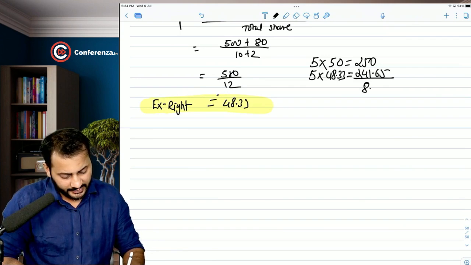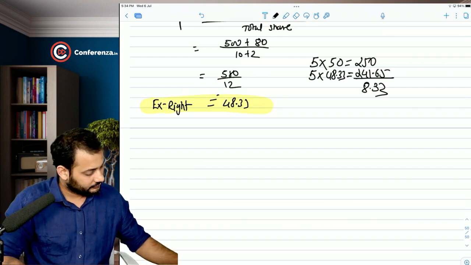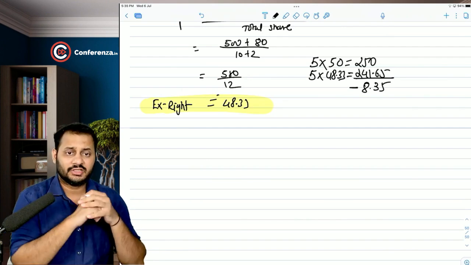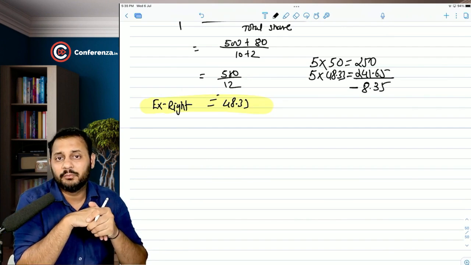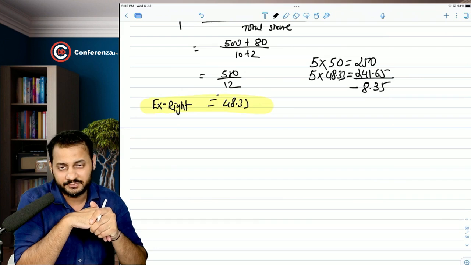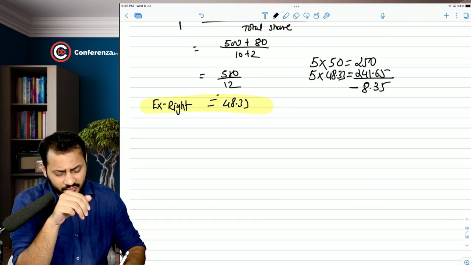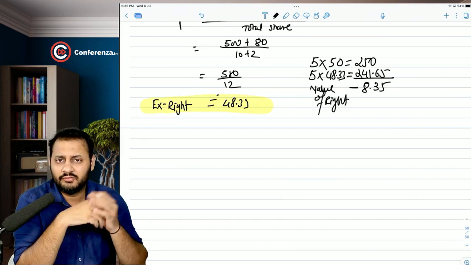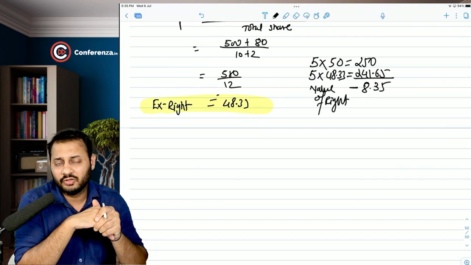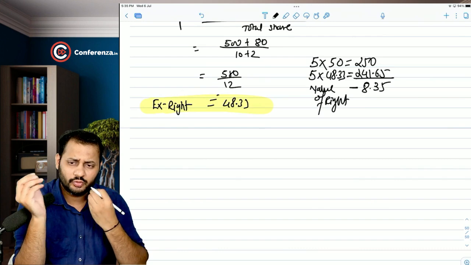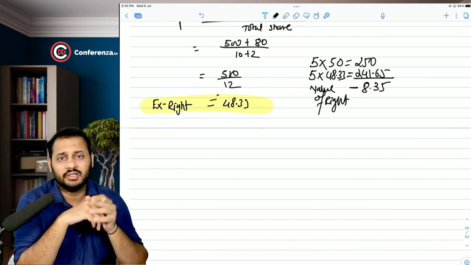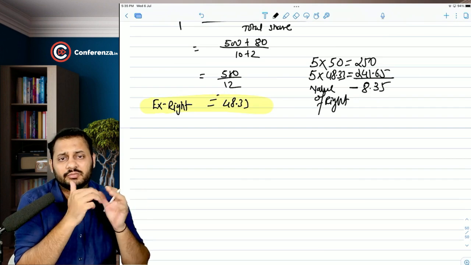That means 8.33 is the loss that I will be suffering if I don't buy the shares at a discounted price. And that much should be the value of the right. I will be interested in covering this much loss by selling this right to someone else. To whomsoever I sell it, I will be covering at least this much amount from that person. So this becomes the value of the right.